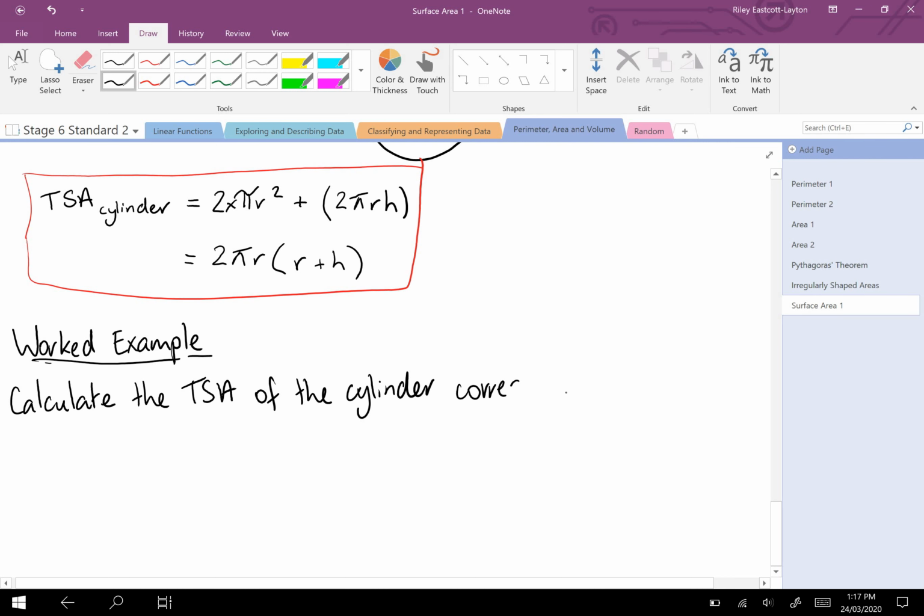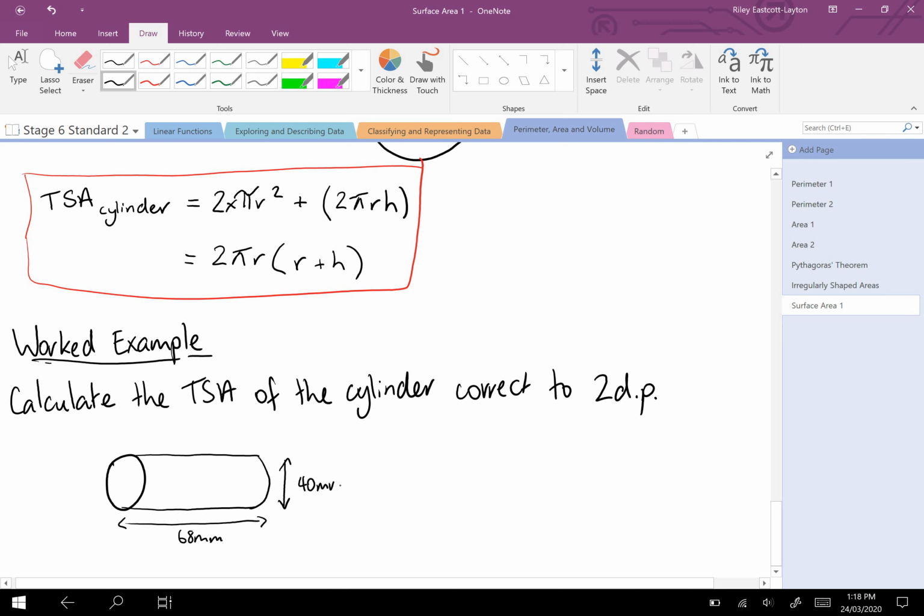Correct to 2 decimal places. And our cylinder looks like this. Whoa, that's not much of a cylinder. It looks like this. We've got a measurement here from end to end of 68 millimeters. We've got a diameter, so that's important, a diameter of 40 millimeters.